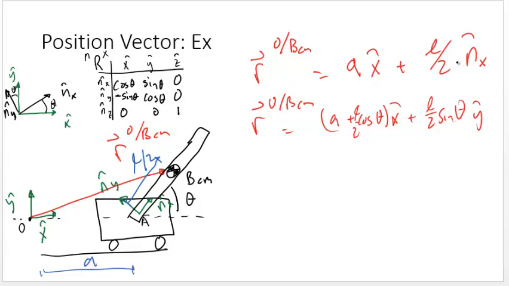Now looking back to our vector described by two bases, we see that nx is equal to the cosine of theta x hat plus the sine of theta y hat.